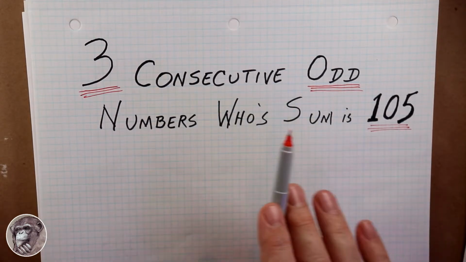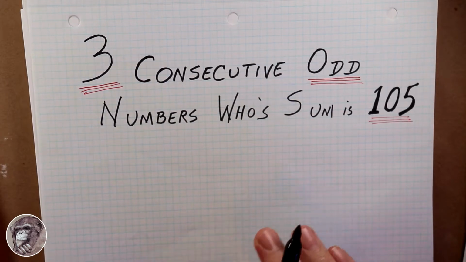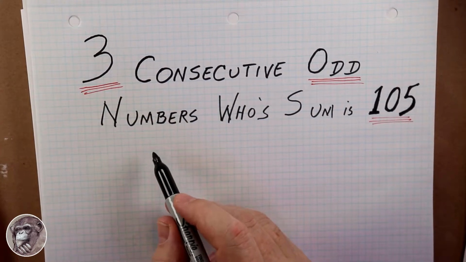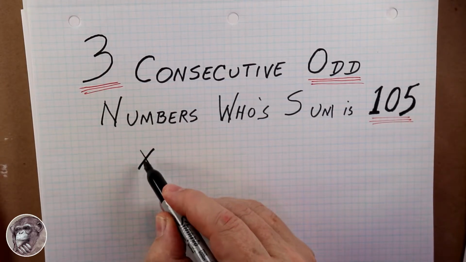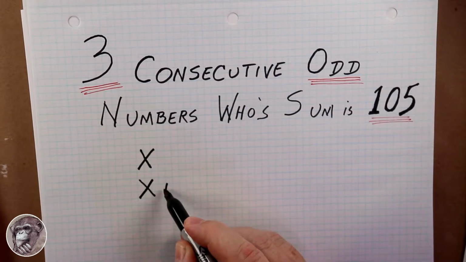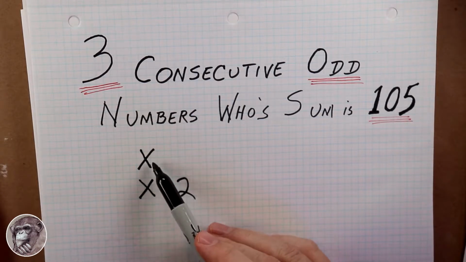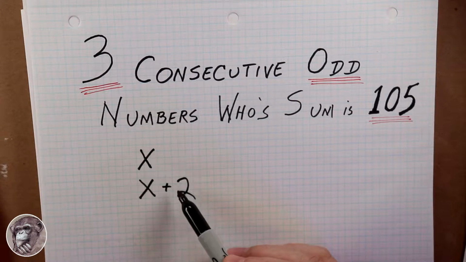So when we're working on these type of problems, the initial setup is we're going to do this with algebra. We're not going to do it where we just do the average. We're going to start off where the first number is x. The second number is going to be x plus 2, because we're not looking for the number that's right after x, we're looking for the next odd number after x, so we have to add 2 to it.